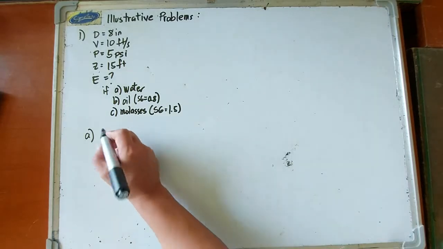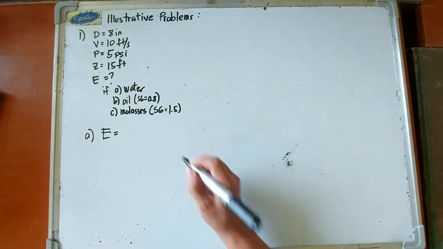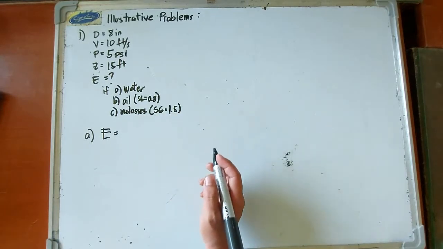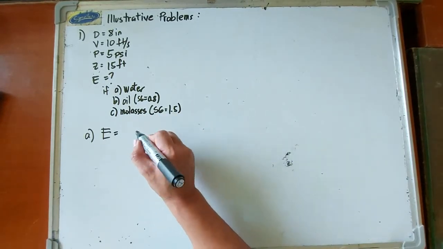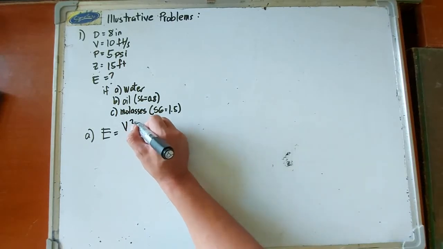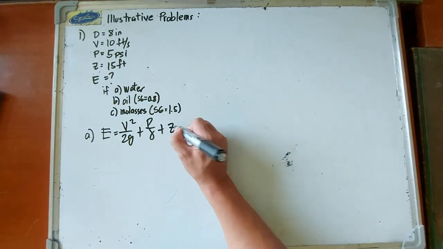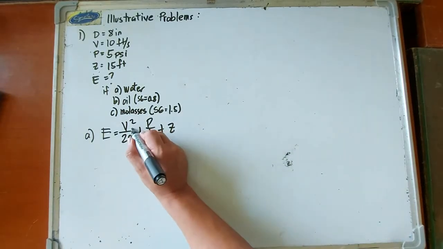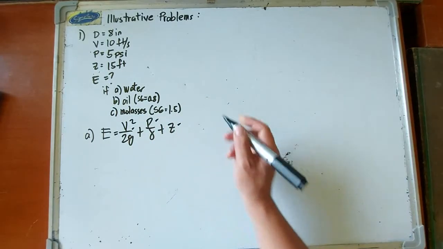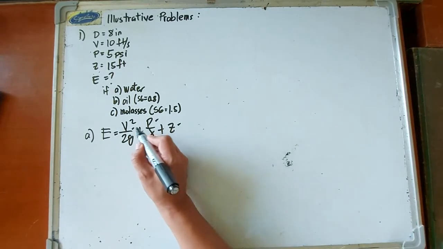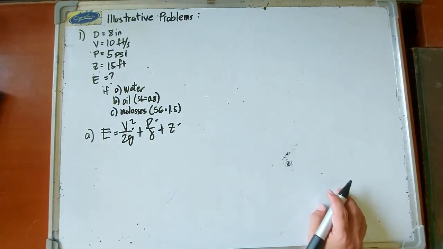So the total energy is equal to the sum of all potential and kinetic energy. We have V squared over 2g plus P over gamma plus Z. So velocity head, pressure head, and the elevation head. So first, let's try to solve each item in the equation.